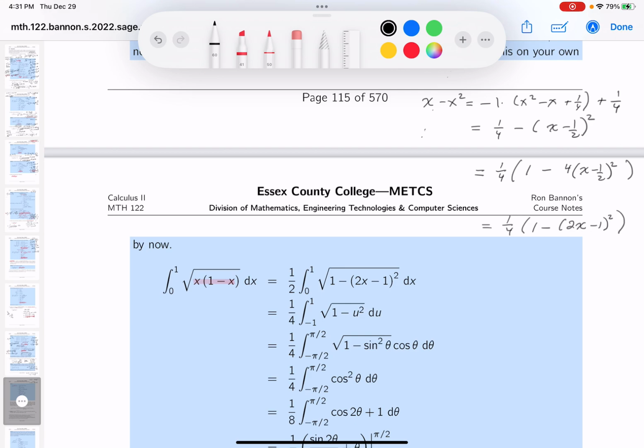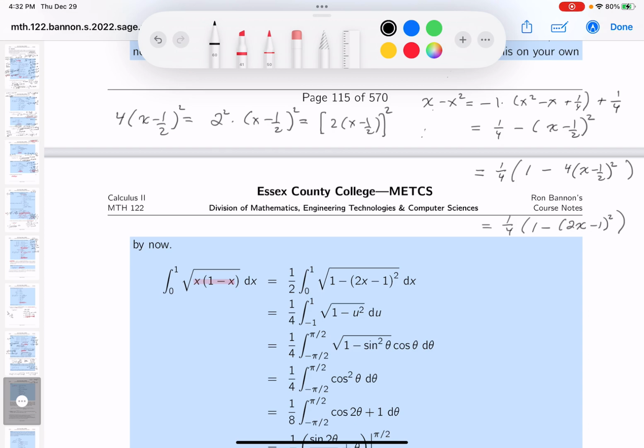All right? Let me put on what I'm saying over here. 4 times (x minus 1/2) squared is the same thing as saying 2 squared times (x minus 1/2) squared. And I put the x on the outside. It's going to be 2 times (x minus 1/2) quantity squared, which is going to be 2x minus 1.